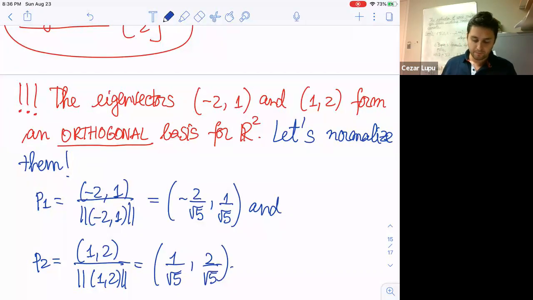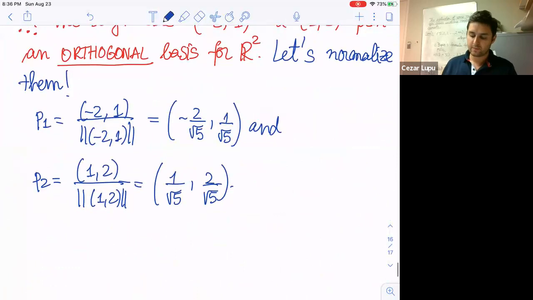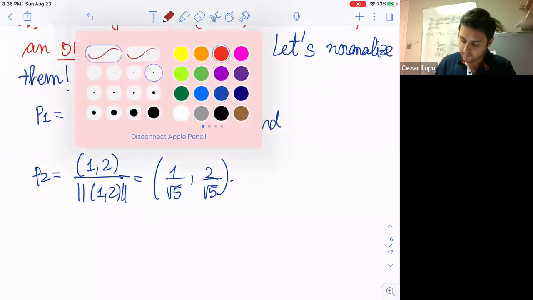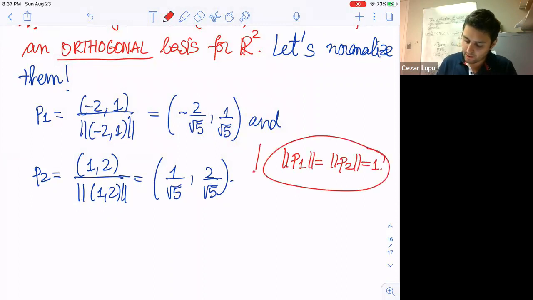Okay, great. And now let's apply step 3. So these are clearly normalized. Let me point out here: the length of P1 is the same as the length of P2, and the length is 1. Let's keep that in mind.